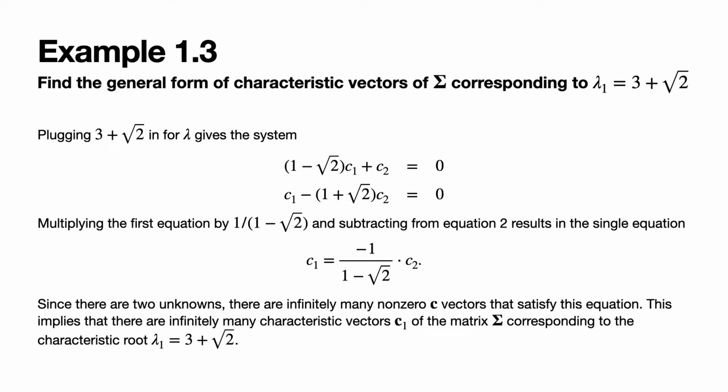So we have a single equation with two unknowns, and that implies that there are an infinite number of non-zero c vectors that satisfy this equation. Okay, that implies that there are an infinite number of characteristic vectors, bold c1, of the matrix cap sigma corresponding to the characteristic root lambda 1 equal to 3 plus the square root of 2.